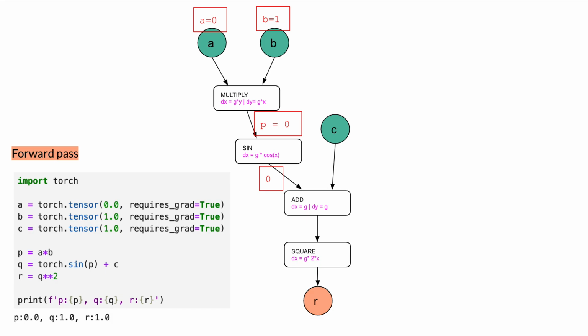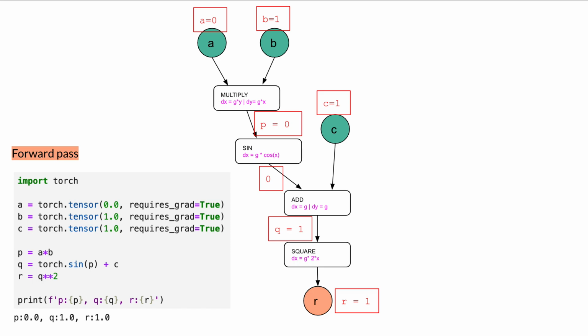We now pass that into our add function, and we also pass in our independent variable c, which is set to 1 here. So 0 plus 1 is 1, so q equals 1, which we square, and that's r equals 1. So the code on the left is nominally mapped to this computational graph we're showing here, which we've drawn manually, but it's very similar to what would be involved in the Pytorch underneath.